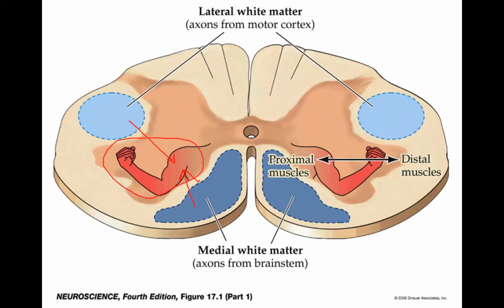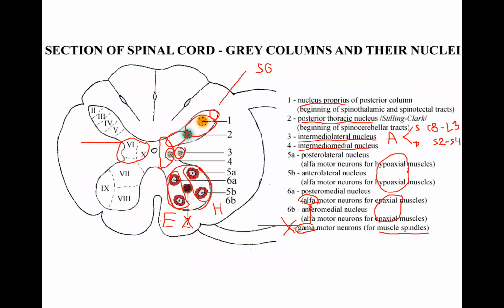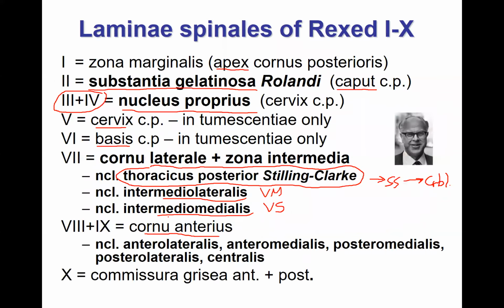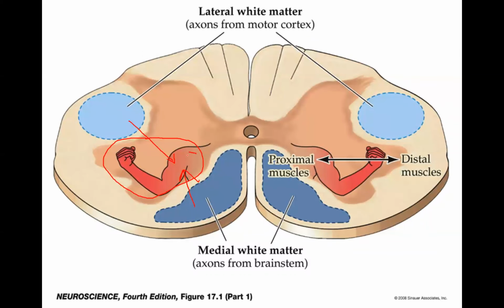And you can see that the anterior horn has a so-called somatotopic arrangement. Somatotopic means a topography of the soma, the body: medially are neurons for epaxial muscles.